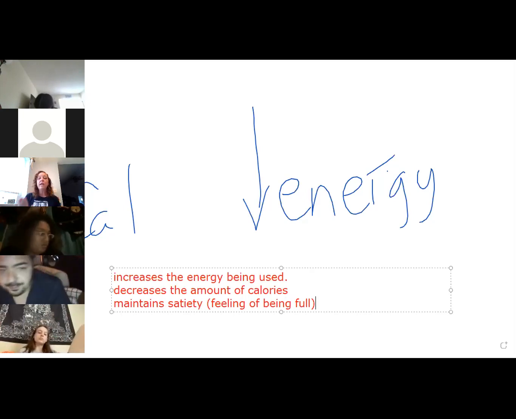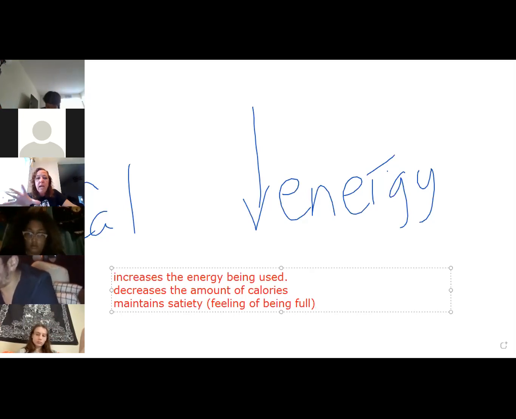So with these 3 points, and again, am I going to ask that you word for word? No. If you say some way, shape, or form of these 3 points, it increases the amount of energy being used.